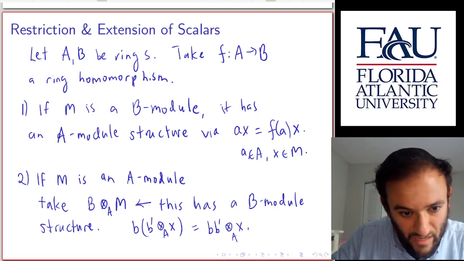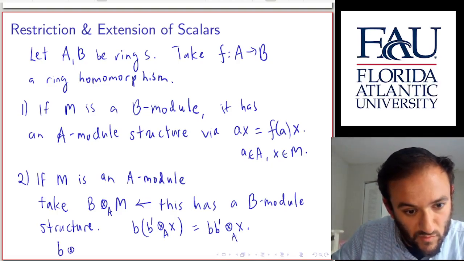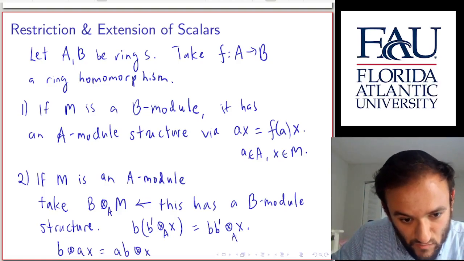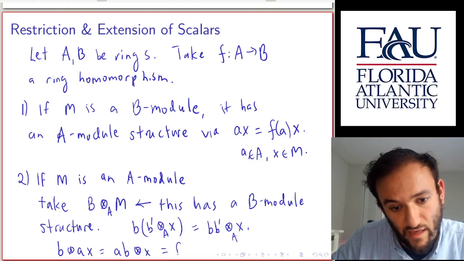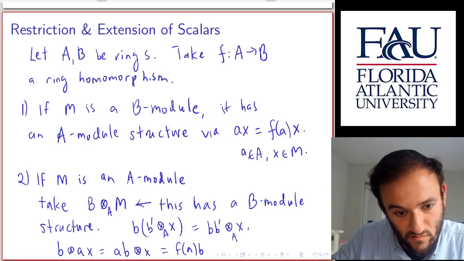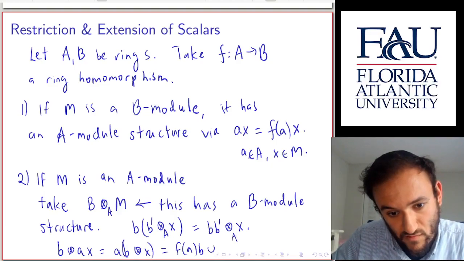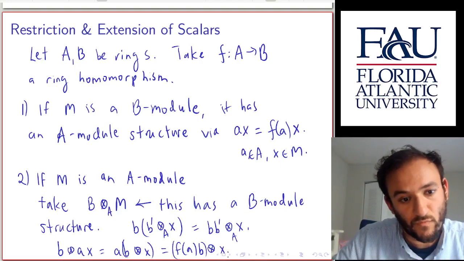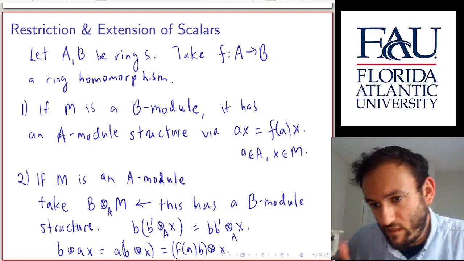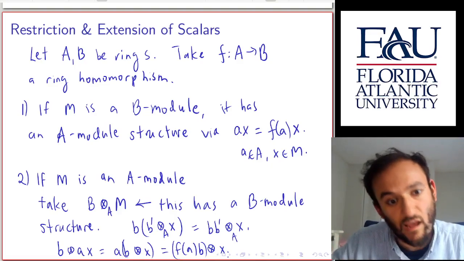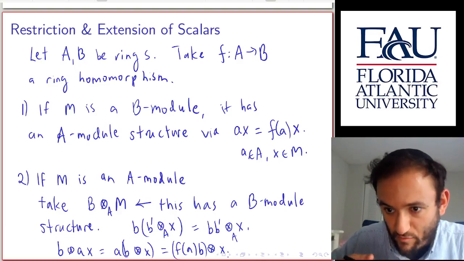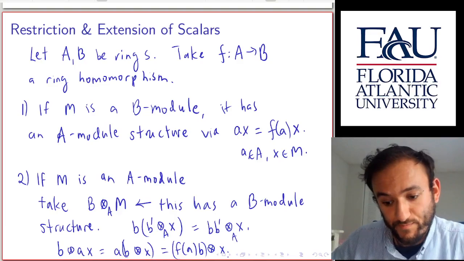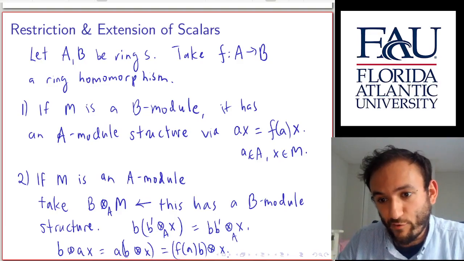In particular, we would have b tensor ax would be equal to ab tensor x, which we would define as f of a times b tensor x. Okay? Because we want the multiplication to happen in B. Okay, and these two module structures tend to have nice things in common, like finite generation as one type of module gives you finite generation as the other type of module. And you can see this in Atiyah-MacDonald for more detail.